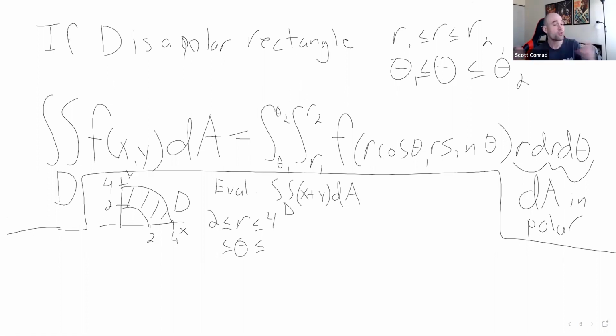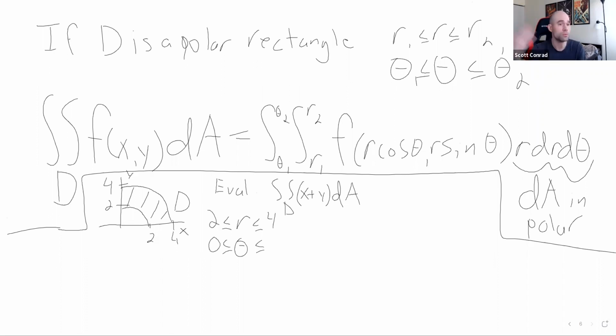Okay, so how about theta? What's the smallest angle any of these points make with the positive x-axis? Zero, right? If we're going around counterclockwise, the first points we hit are going to be on the positive x-axis, which is 0.